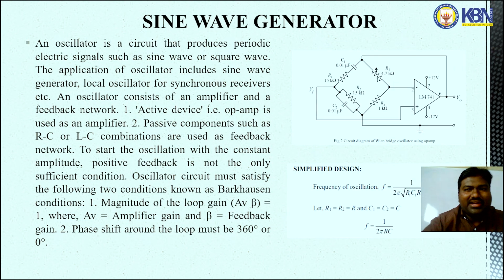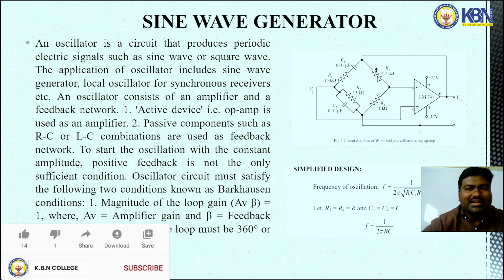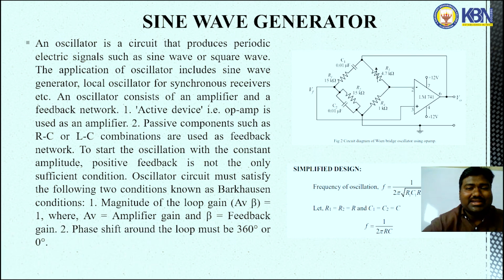One of the most important applications of the operational amplifier is that it can generate waveforms like sine wave, square wave and triangular wave. Here we are discussing the sine wave generator. We are using four resistances. One arm is connected to a resistor and capacitor in series combination, and another is connected to a parallel combination of resistor and capacitor, and another arm is a variable resistance and another arm is a fixed resistance.